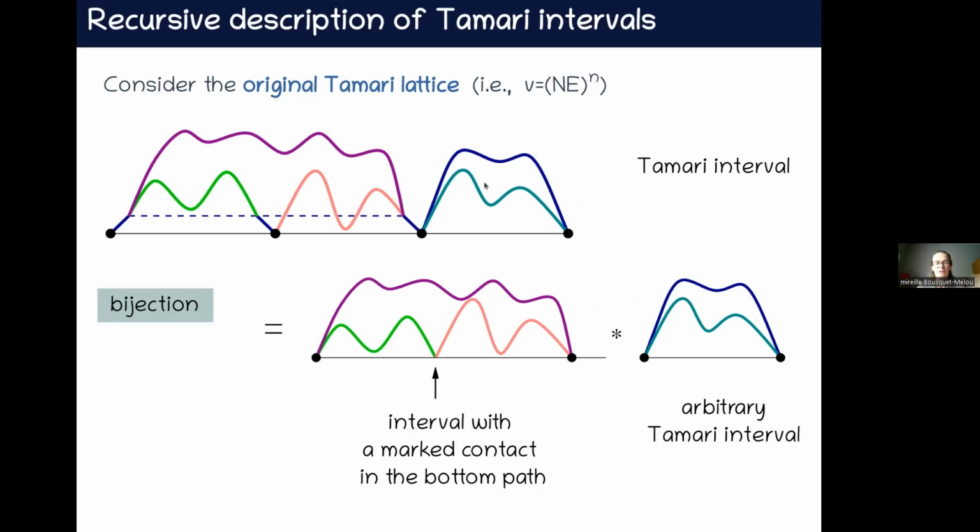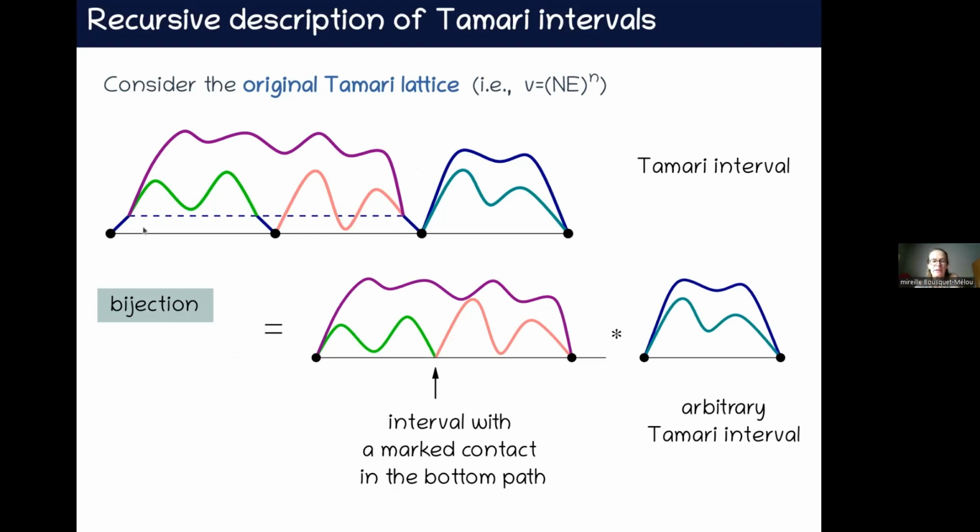So here is supposedly a typical interval. So the top path is purple and dark blue, and below you have the smaller path, which of course lies below. And we're going to decompose this interval into 2 smaller intervals and use this to write, say, recurrence relations.